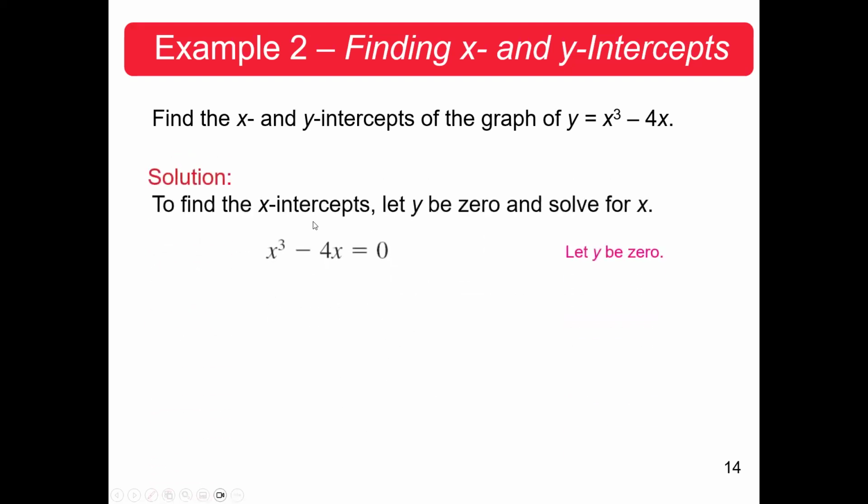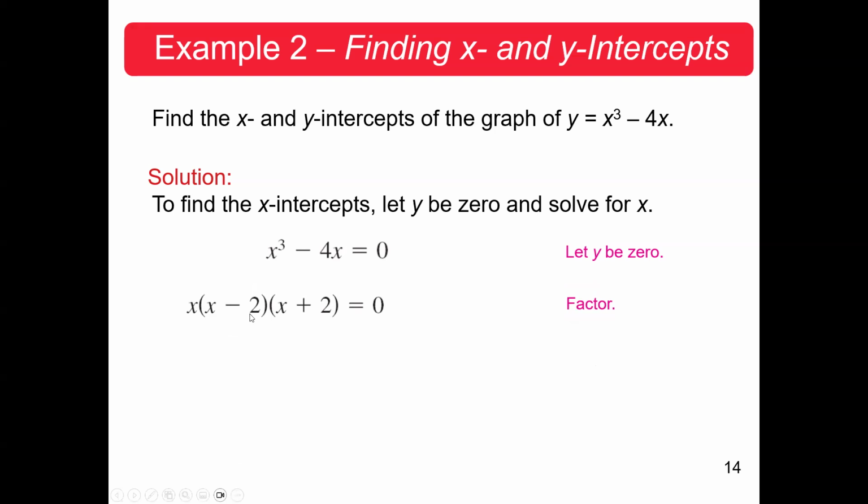So here, to find the x-intercept, let y be 0 and solve for x. So that's what we did here. x cubed minus 4x equals 0. Solving this equation, we factorize it. x is common, we take x out. Then we get x squared minus 4. x squared minus 4 is a difference of 2 squares, which is x squared minus 2 squared.